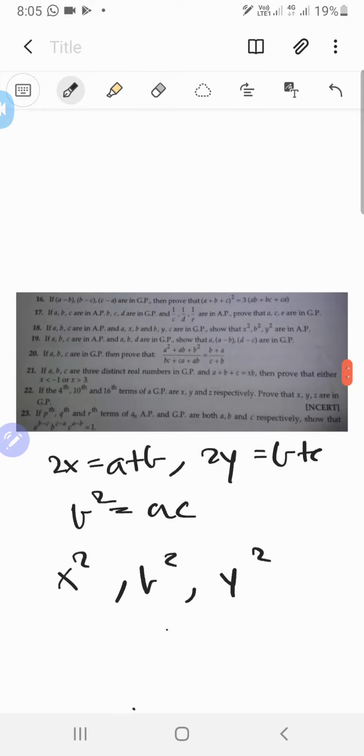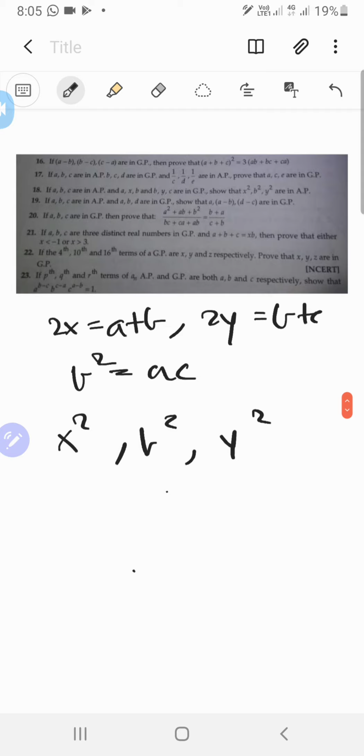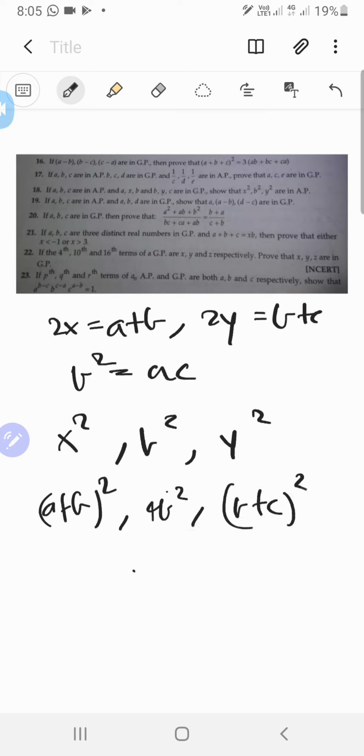We have to prove that x squared, b squared and y squared are in AP. So it is equivalent to proving that 4x squared and then 4b squared and 4y squared are also in AP, which is equivalent to proving that this squared, but times 4, and this squared, these are in an AP, which means that a plus b whole squared, 4b squared, okay, this is taking forever, b plus c whole squared, this should be an AP.